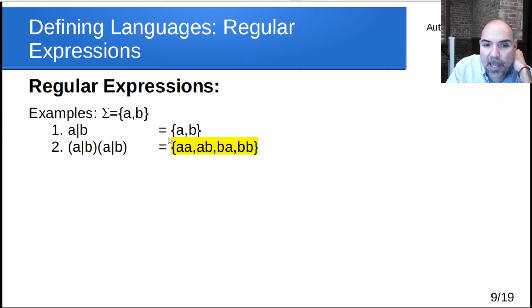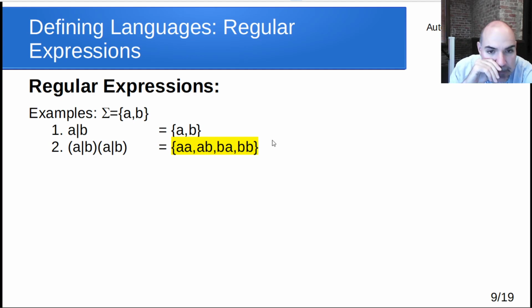So in other words, we have A comma B concatenated with A comma B. And remember, that's saying the first part of this string comes from this language, meaning it's going to be an A or B. And the second part comes from this language, which means the second part's going to be an A or B. So what our resulting language looks like, it looks like first part A, followed by second part A, first part A followed by second part B, first part B followed by A, B followed by B, and that's all the combinations we can have where the first part is either an A or B, second part is an A or B, so there's 2 here, there's 2 there, 2 times 2 is 4.